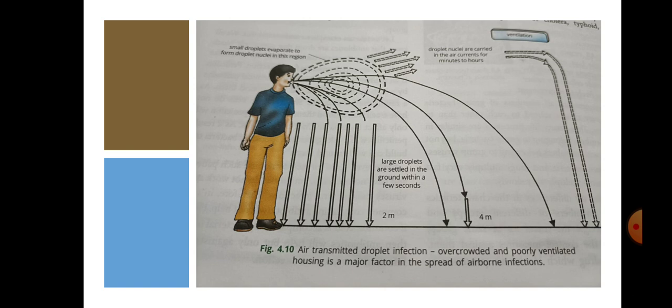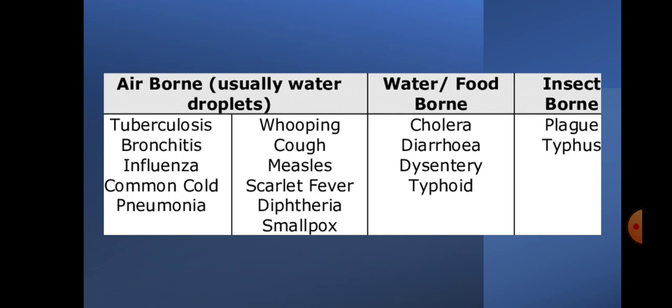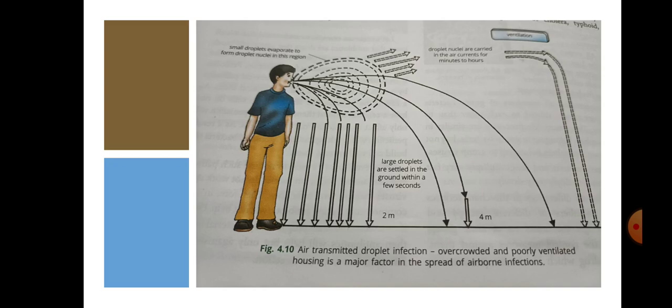So diseases like common cold, pneumonia, influenza, measles, mumps and tuberculosis spread by droplet infection. Since the larger droplets take a few seconds to a few minutes to reach a nearby person, we should cover our mouth while sneezing and coughing.